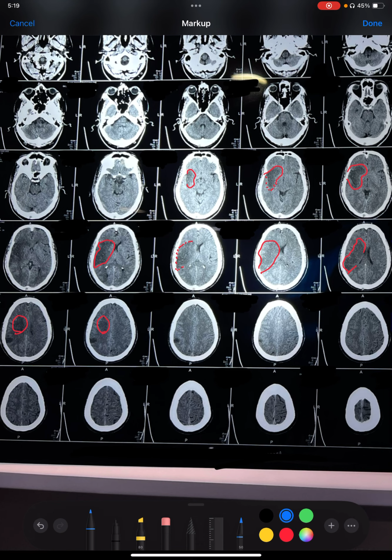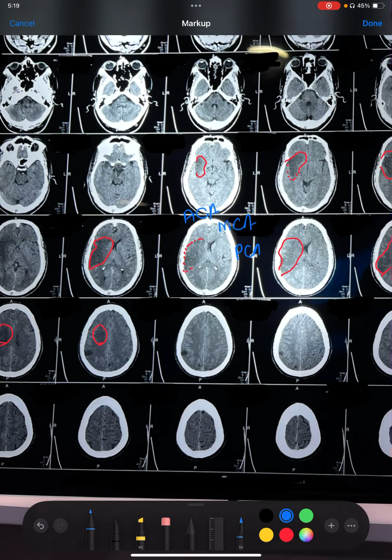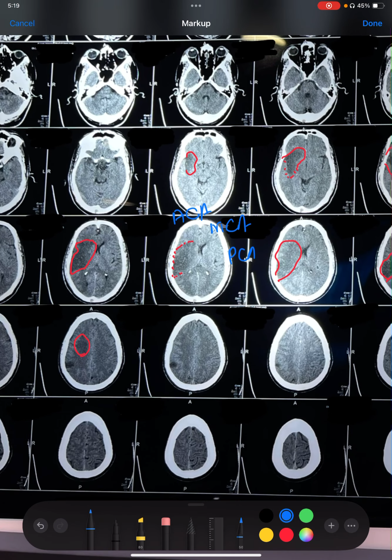We have three main arteries: the anterior cerebral artery, the middle cerebral artery, and the posterior cerebral artery. It is very easy to understand. Just take these lateral ventricles, these are the two lateral ventricles. This area beside the lateral ventricle is all middle cerebral artery.